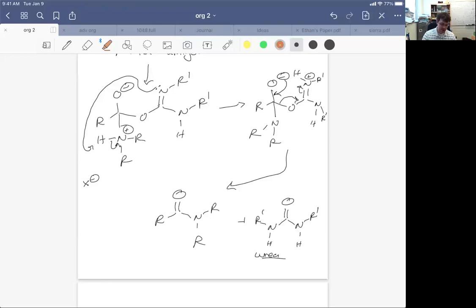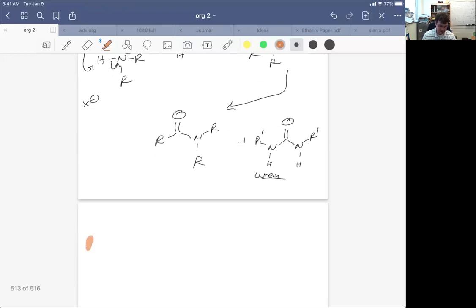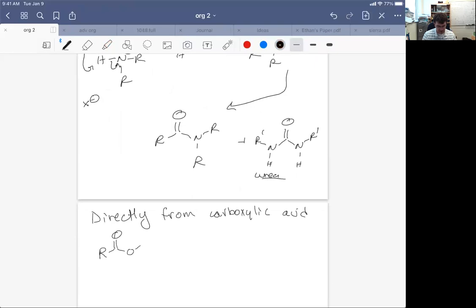So maybe we should just take a carboxylic acid. What if we just go directly from the carboxylic acid? That is, if we have this OH and we react this with a secondary amine, can we just mix these things together and get the amide directly?